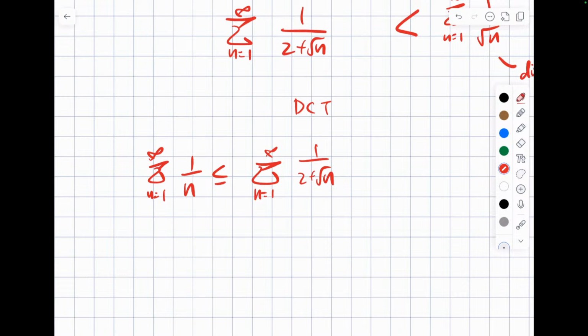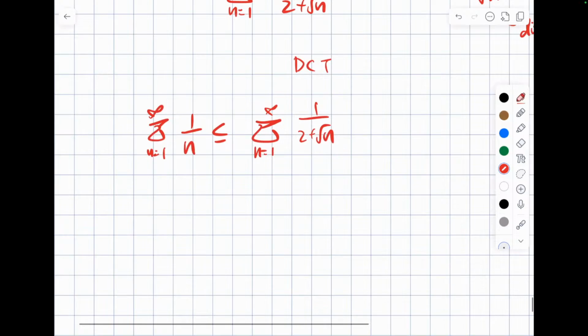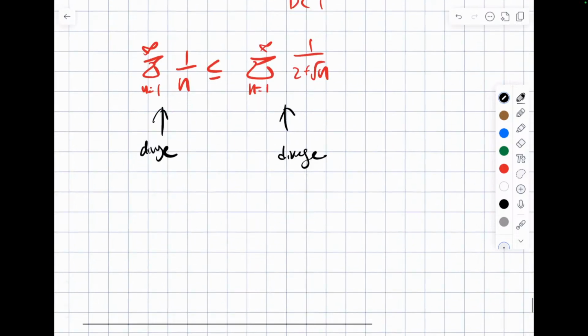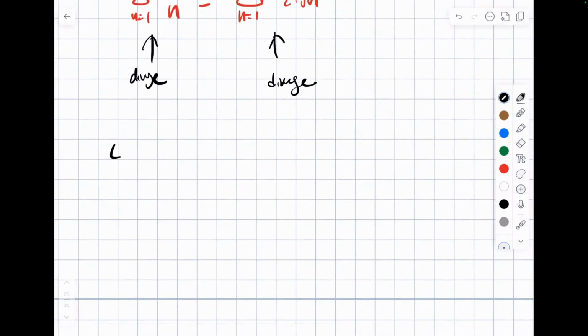Why do I have to set n greater than 4? Because before 4, it doesn't seem to be smaller. So if this diverges, then this has to diverge. And that's that.